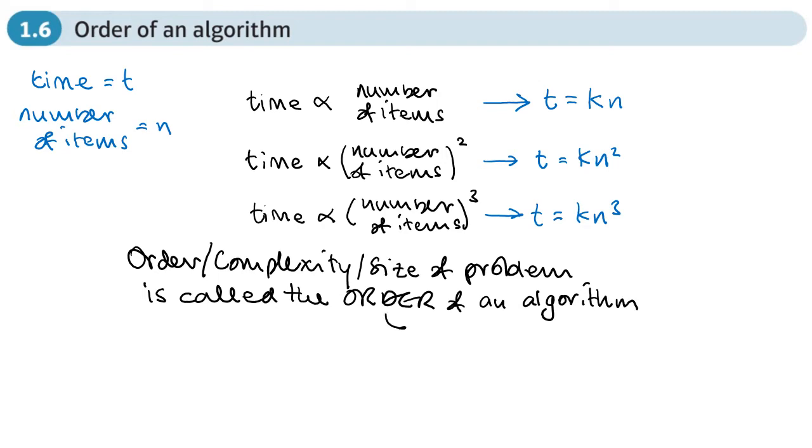And this order can be linear, quadratic or cubic. As I said, it could even be quartic, but at this level we only really need to recognize these types of order. And the time taken to complete the algorithm can be called the runtime.